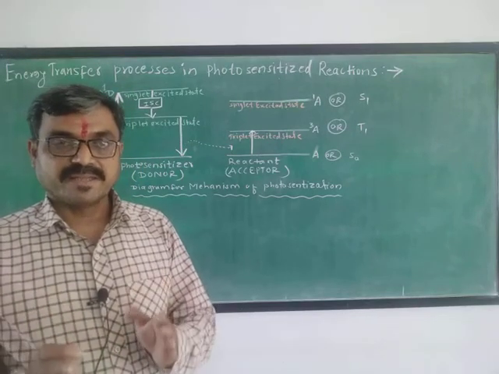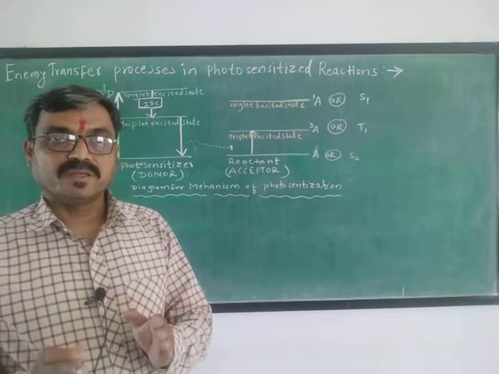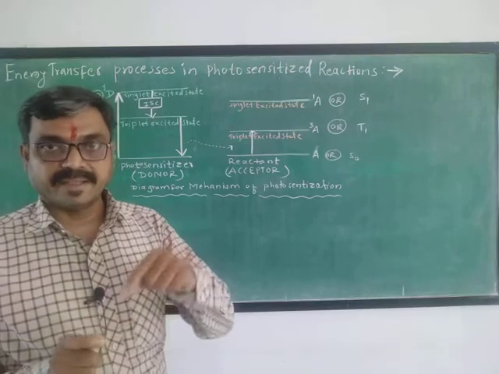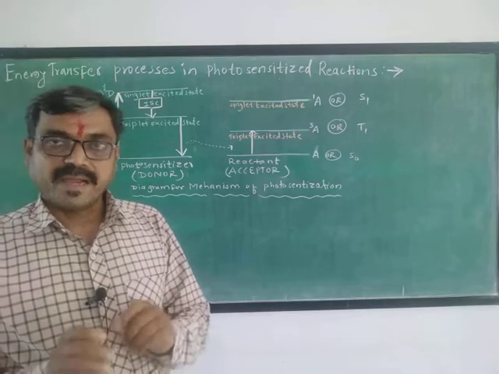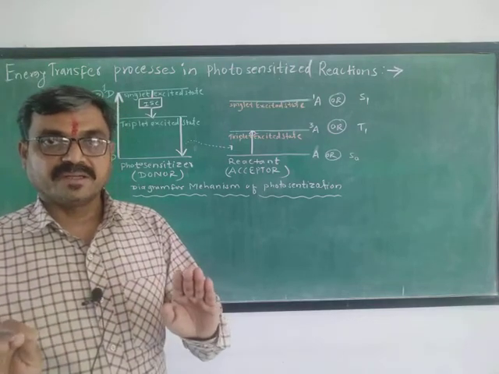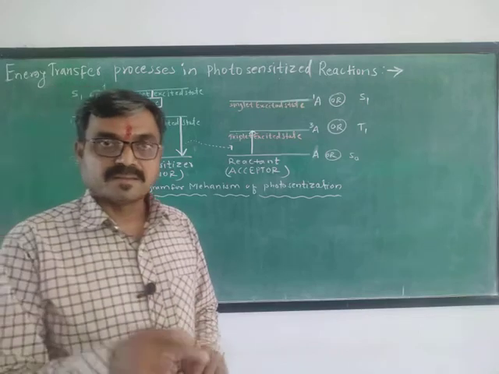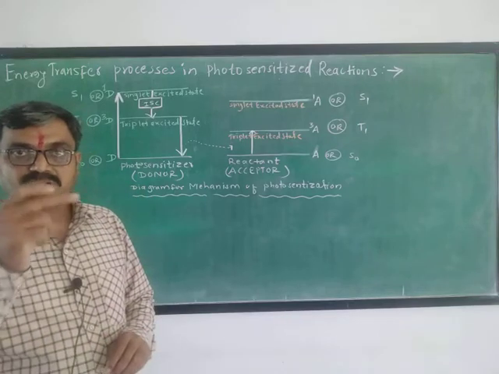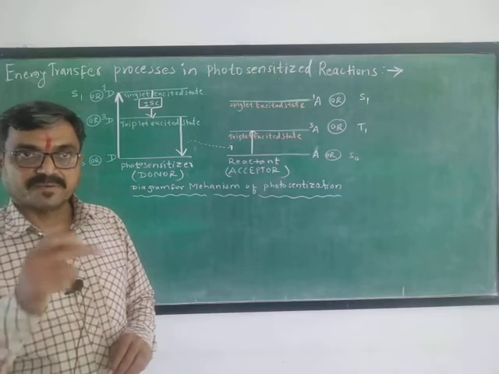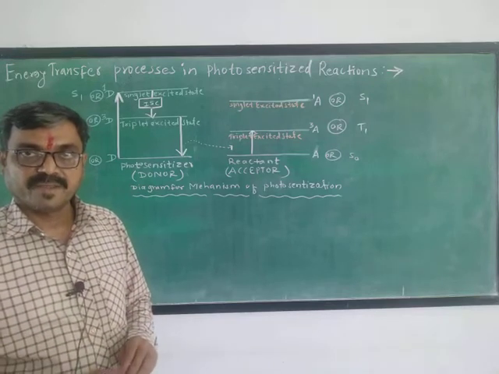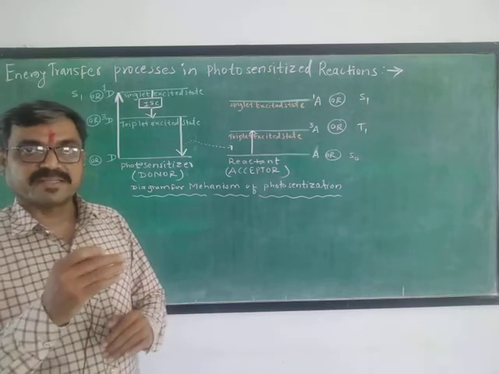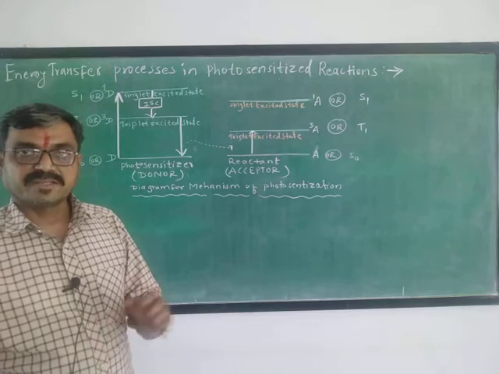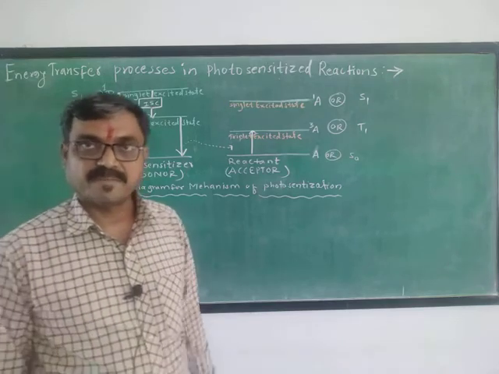In a photosensitized reaction, the reacting molecule in the photochemical reaction is unable to absorb the incident radiant energy, and no further reaction occurs. But a third substance, externally added, a foreign substance called a photosensitizer, absorbs the energy and goes into an excited state and gives that energy to the reacting molecule and activates the reaction. Such reactions are photosensitized reactions.